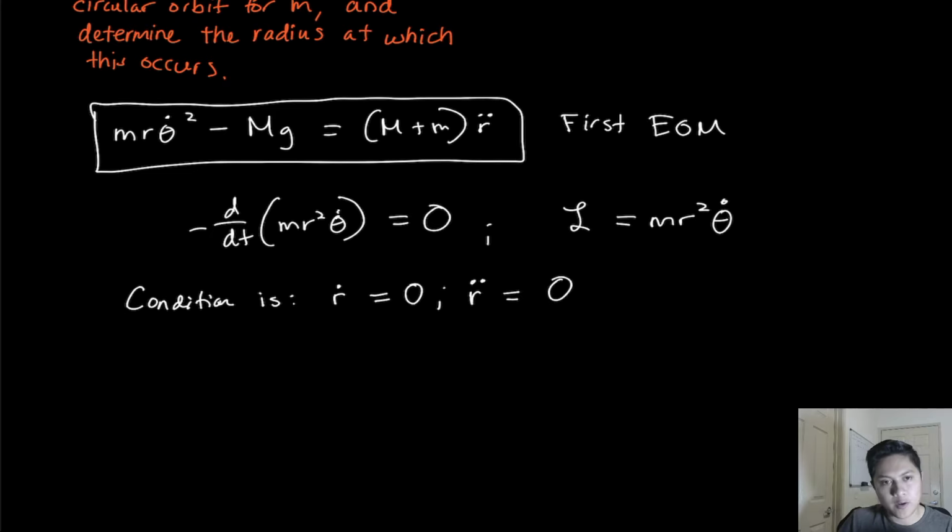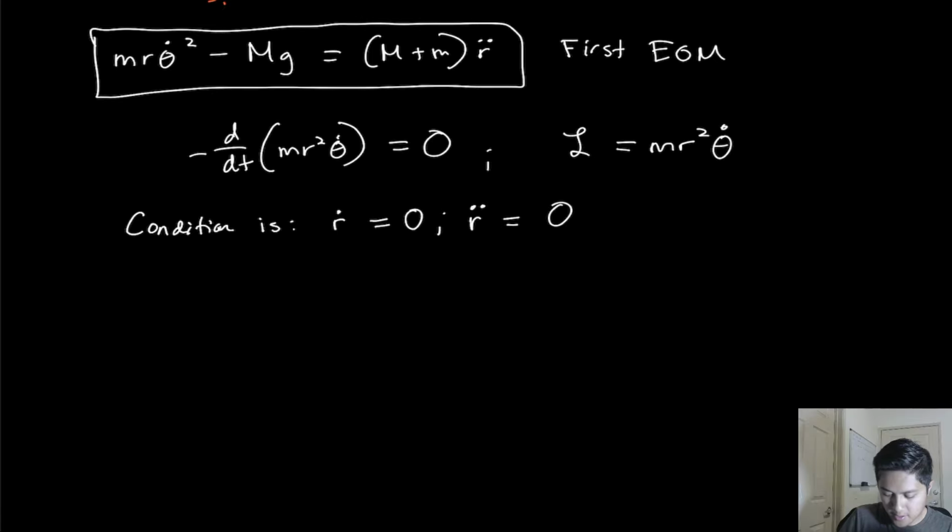So if we look at our equations of motion, the first equation of motion in particular, we'll notice that if we let r dot here be 0, we get the following equation: m r theta dot squared minus mg is equal to 0.